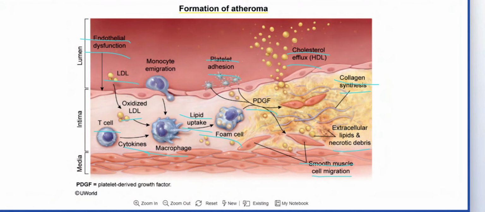And they will form foam cells, right? And with that there will be platelet adhesion, and these things together will produce platelet derived growth factor, that will promote the formation of cholesterol, and with it there will be accumulation of extracellular lipids and necrotic debris, and also smooth muscle cell migration, and also collagen synthesis.